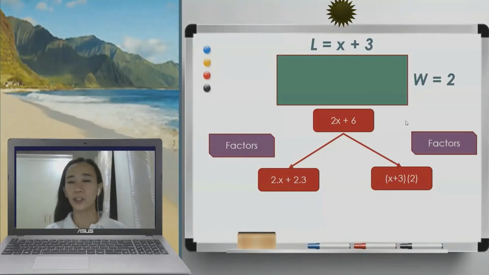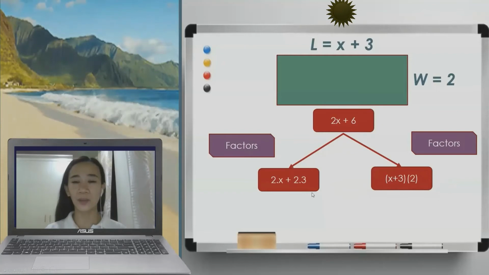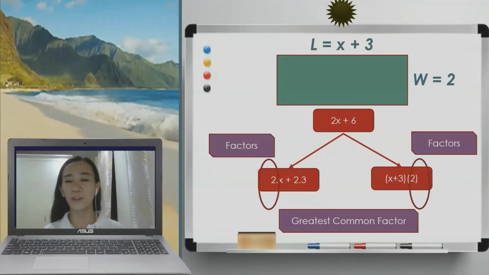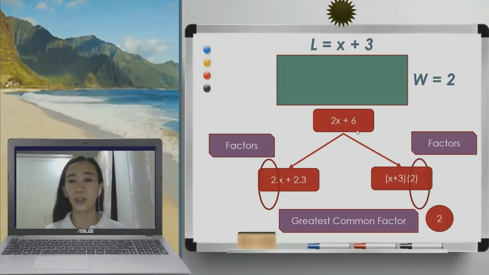And also the factors of 2x plus 6 are x plus 3 and 2. As you notice, on this side we have the number 2, and on this side we also have the number 2. Then, we can say that the greatest common factor of 2x plus 6 is the number 2.